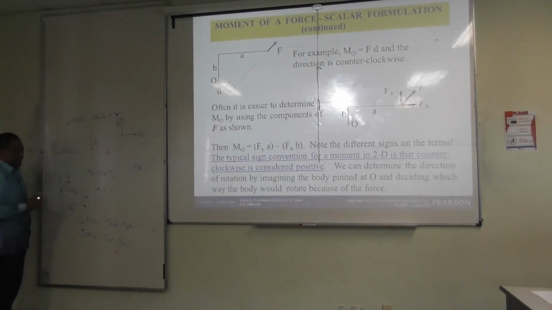But in certain cases, for example when we do 3D, we cannot declare anymore. You have to just use the x as positive. You cannot change it, right? So to be consistent, sometimes this is easier. So similarly for summation of moment, normally counterclockwise is the general positive, especially when you go to 3D. Why?